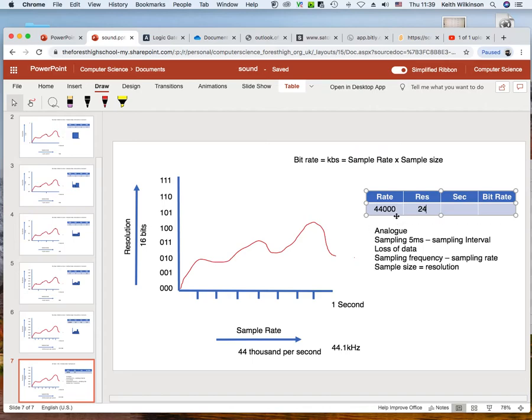And there is a limit, as I've said. If the rate is too high or there is too much resolution, it really is a waste of time storing that information, because probably only dogs will be able to hear it.